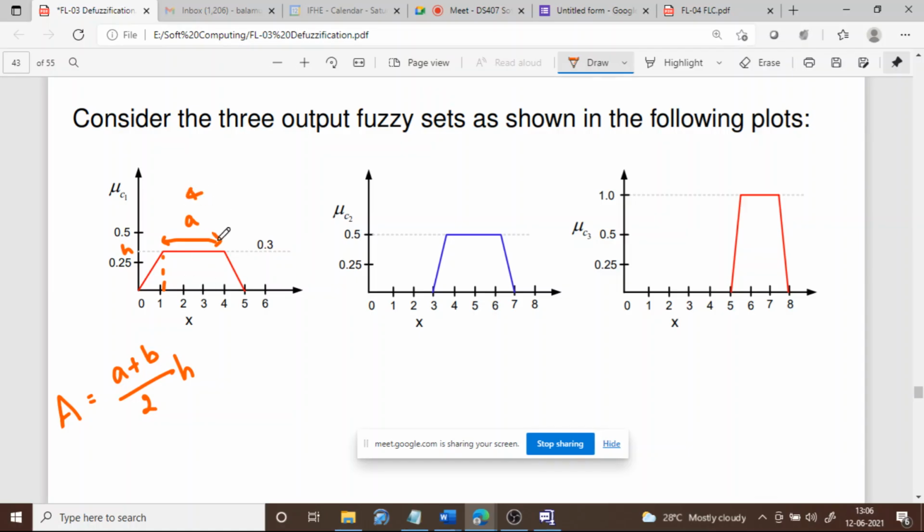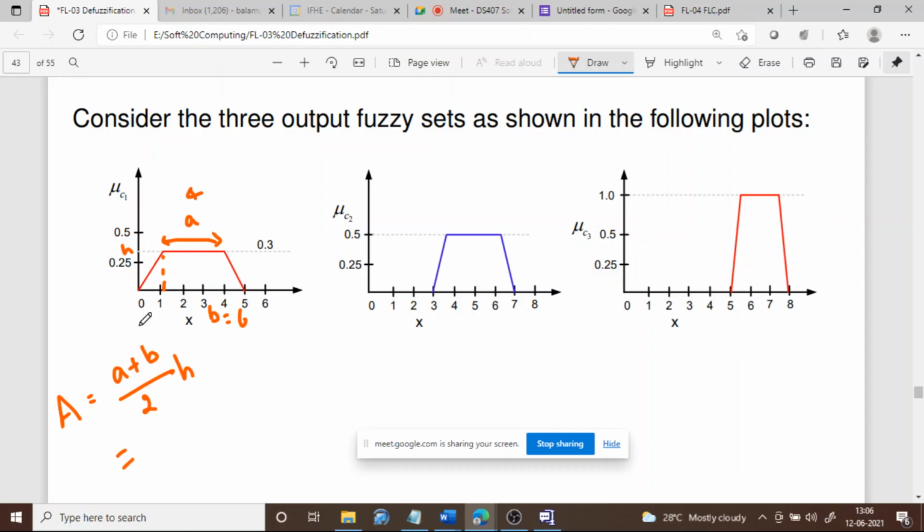In our case a is 4, and b is this bottom width, from 0 to 5. What is the b value? b ranges from here to here. What is the value of b? b is 6.